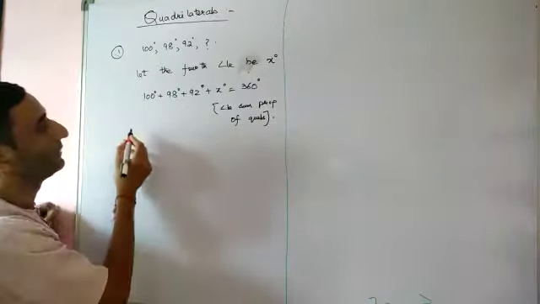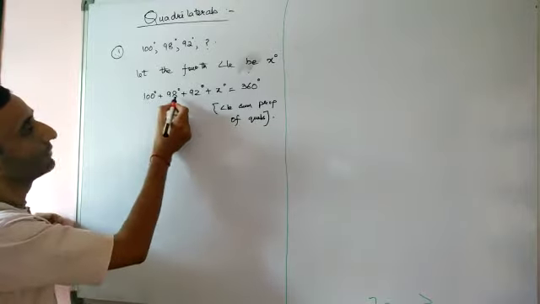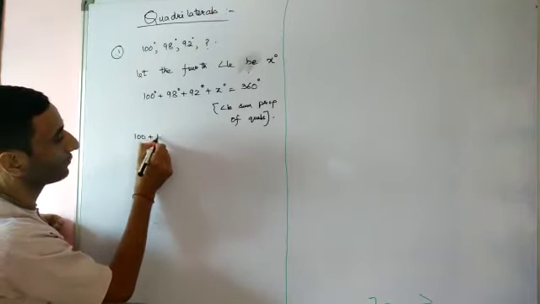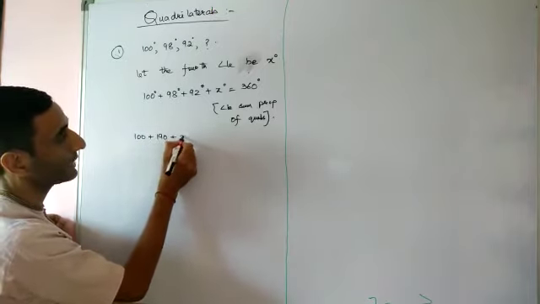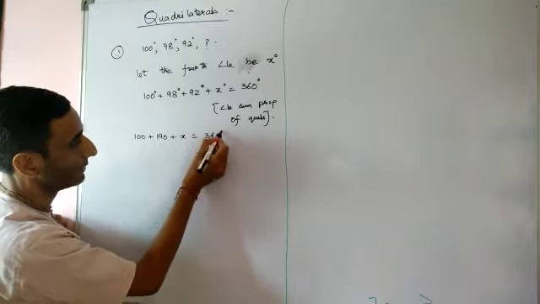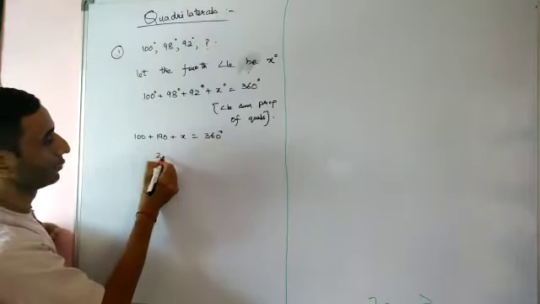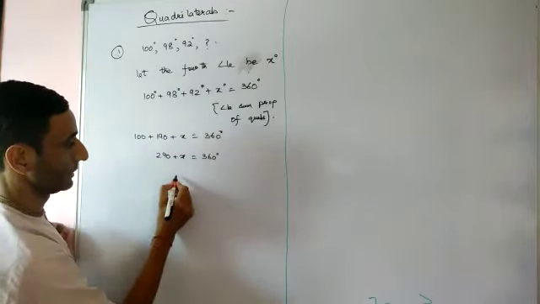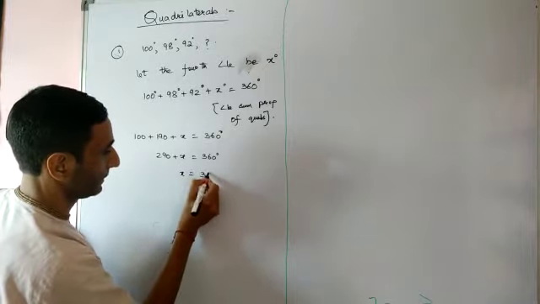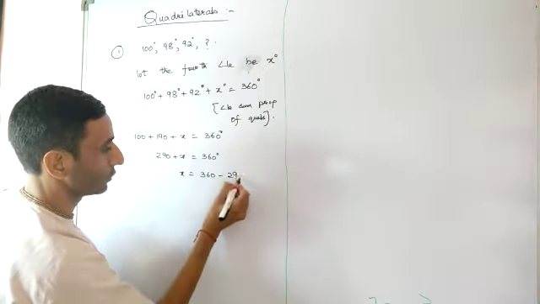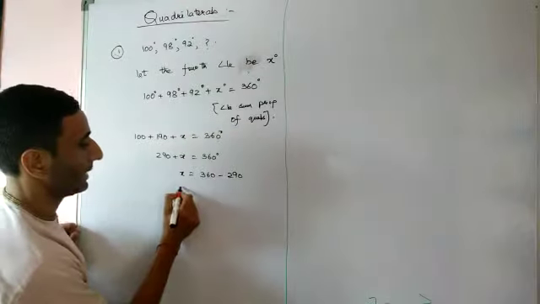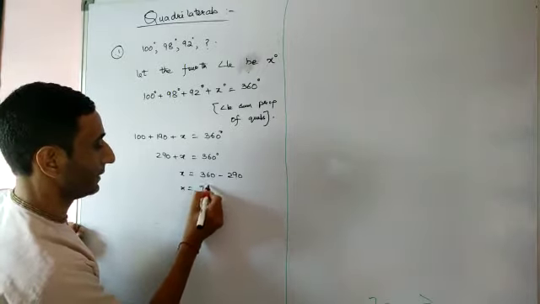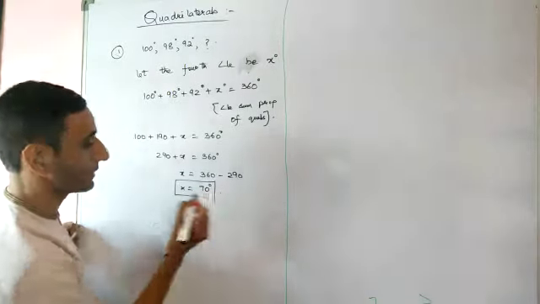Solving this further, we get 100 plus 190 plus x is equal to 360 degrees. So 290 plus x is equal to 360 degrees, where x is equal to 360 minus 290, and x is 70 degrees. This is the required angle.